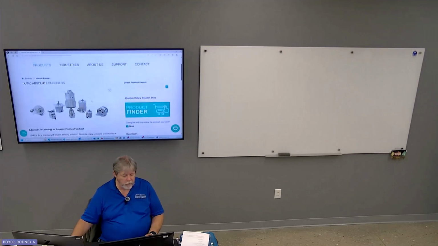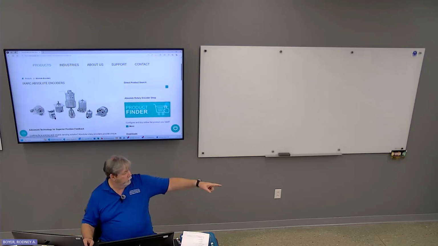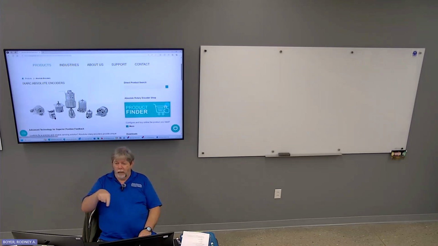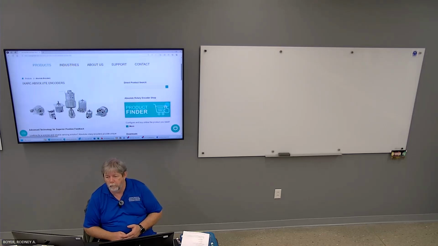So the absolute encoders that they do are multi-turn. The absolute encoders that I have on the trainers over there are single turn. It goes around one revolution and starts back over at 0. Those are for the index and compare.